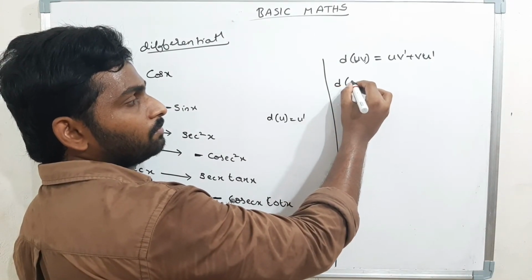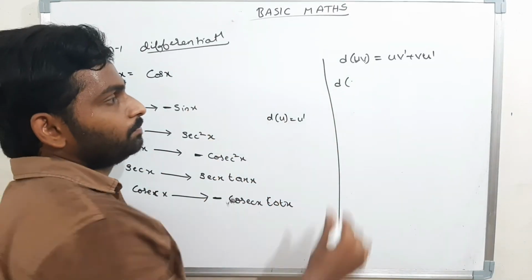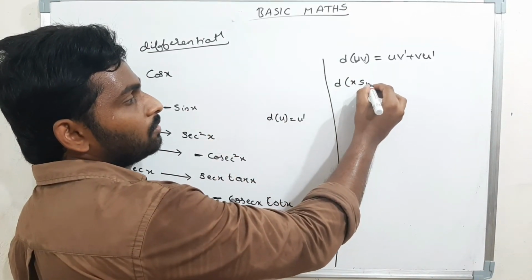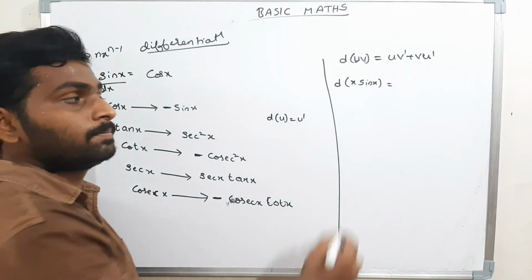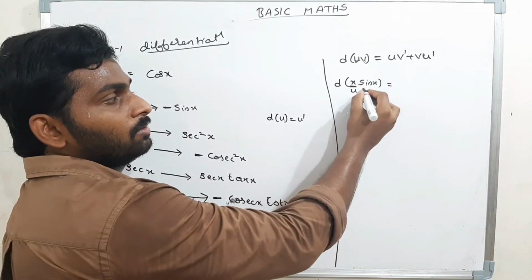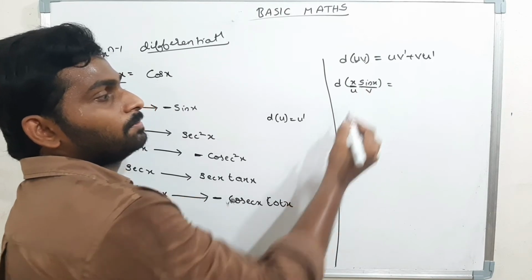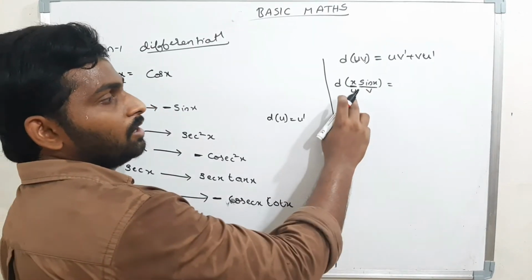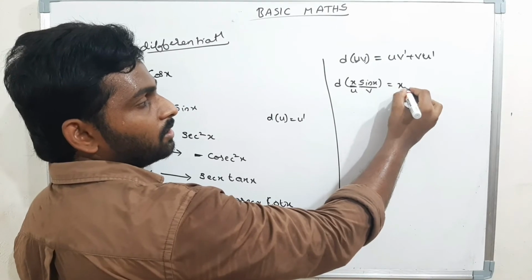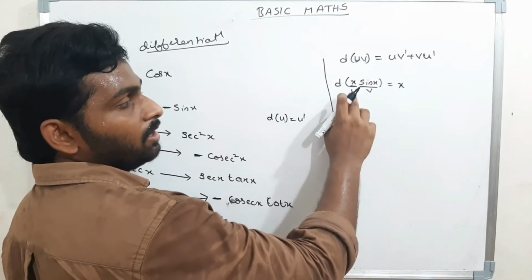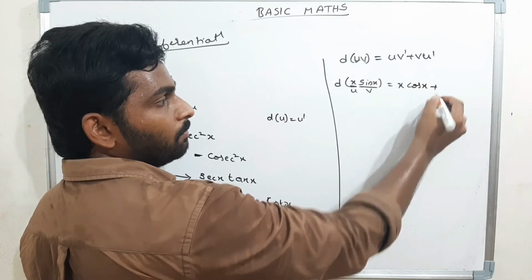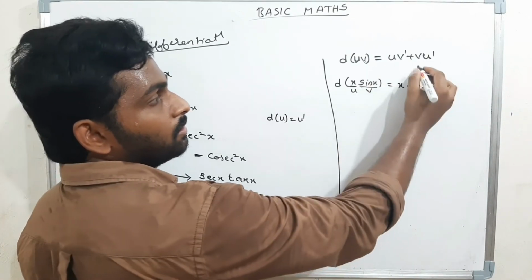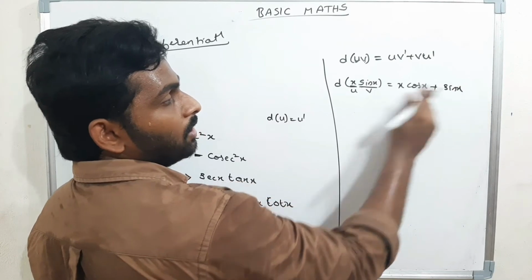Differentiation of x into sin x. X is one term U and sin x is another term V. First I will keep x as constant, I won't differentiate it. X, what is the differentiation of sin x? Cos x. Plus I will keep sin x constant, then I will do the differentiation for x.